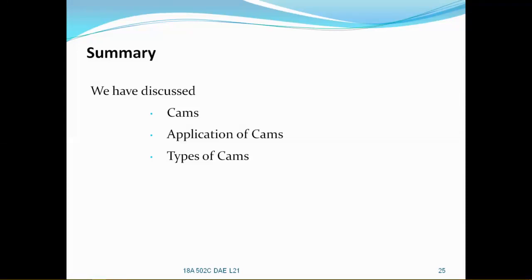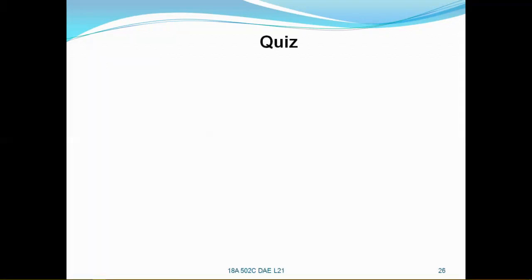Radial cams also give oscillating and reciprocating motion to the follower, and wedge cam is also going to give both types of motion, reciprocating as well as oscillating. So applications of cams, types of cams, and types of followers we have completed in this lesson.